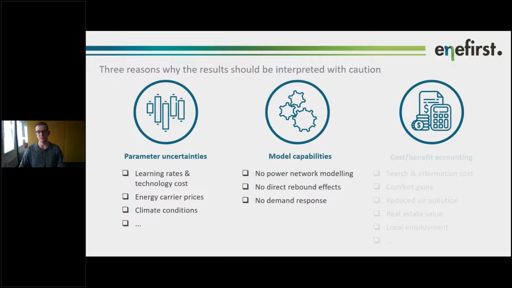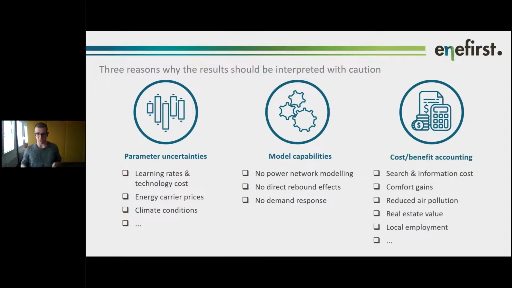Direct rebound effects are not explicitly taken into account. Basically, what we assumed is a stable indoor temperature regardless of the retrofit ambition. And finally, while there is some scope for demand response, both in electrical but also in district heating systems, this was not in the focus of this assessment.